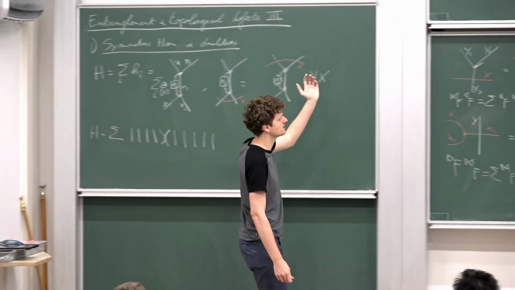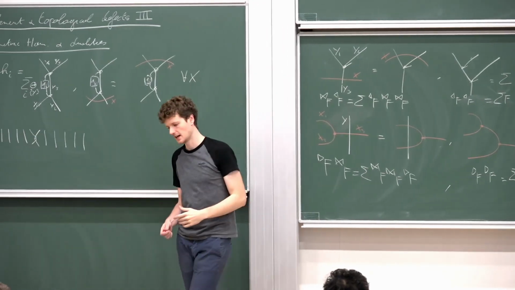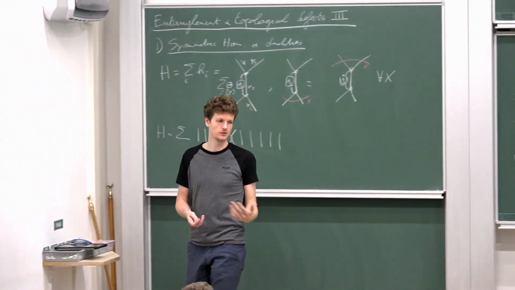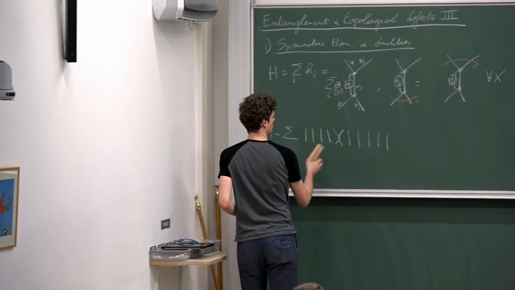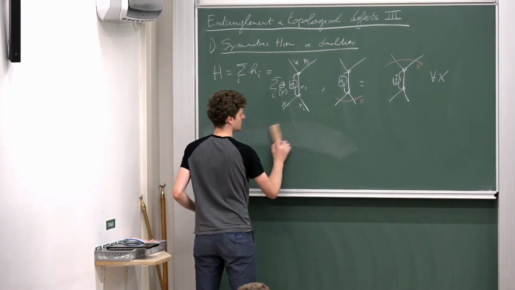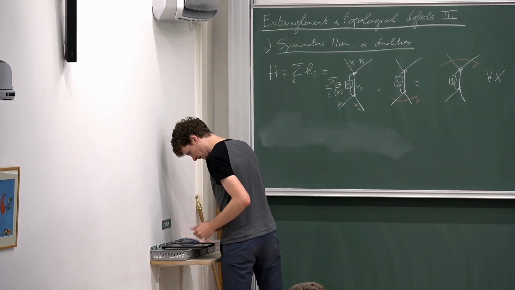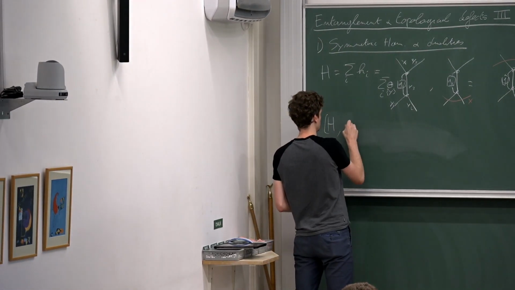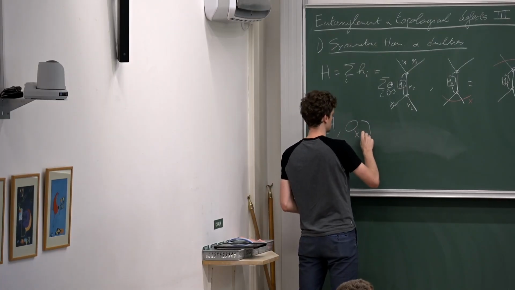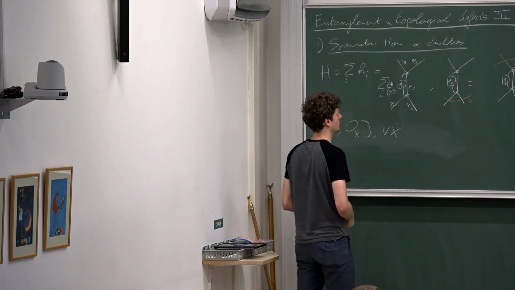So what I'm really saying is that these guys are the Clebsch-Gordan coefficients for these symmetries, and any symmetric Hamiltonian has to be built from linear combinations of those guys. So basically what I get from this is that H commutes with these operators O_X. So indeed, this gives me a symmetry.